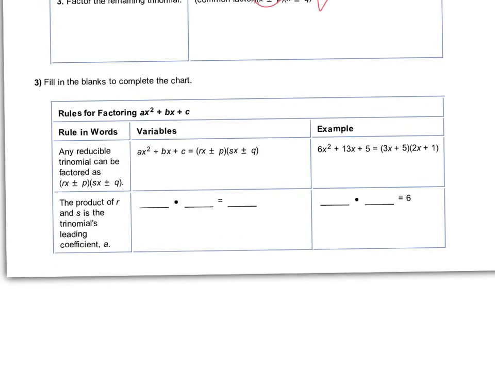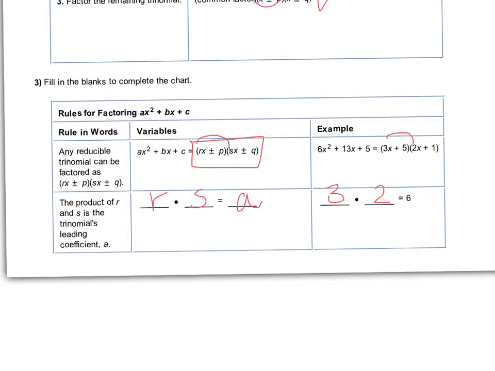So there's some rules that go along with this, and they're similar to what we did last time. R and S here: you multiply R times S, and you're always going to get A. So in this case, 3 times 2 is going to give us 6. And this form right here, this is just what we call standard form. You won't need to know that for any sort of test or anything like that.